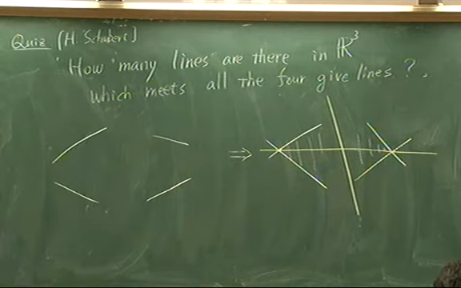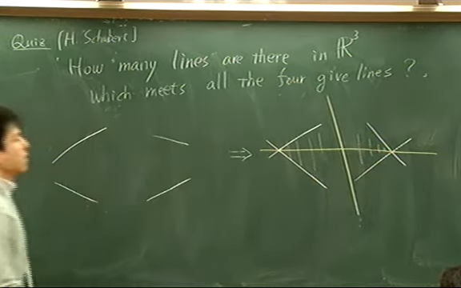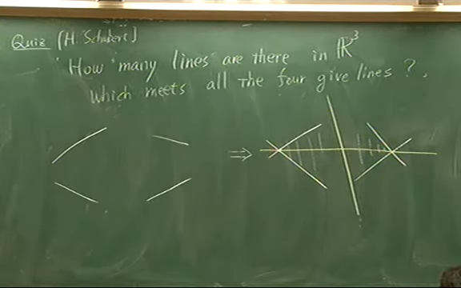If you have two planes in R3, they intersect in a one-dimensional line. And that's all.